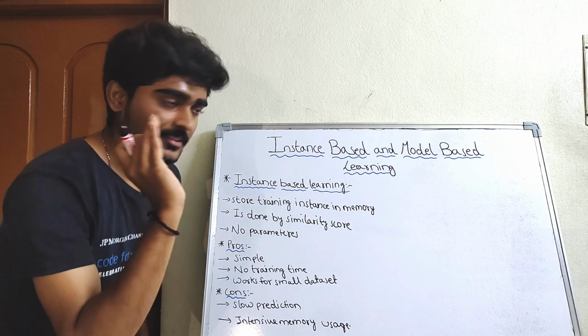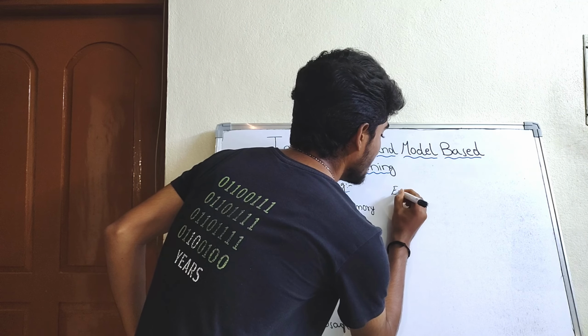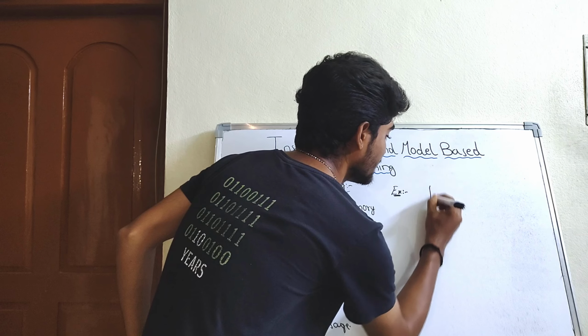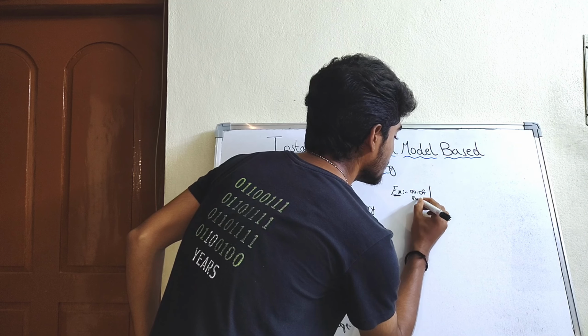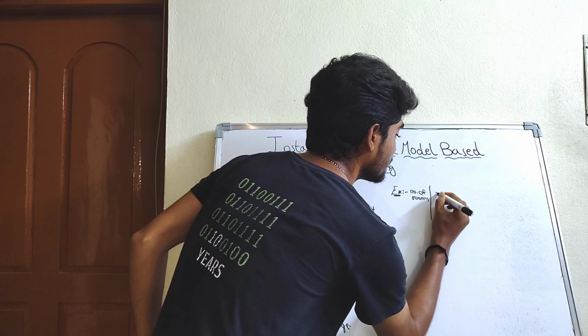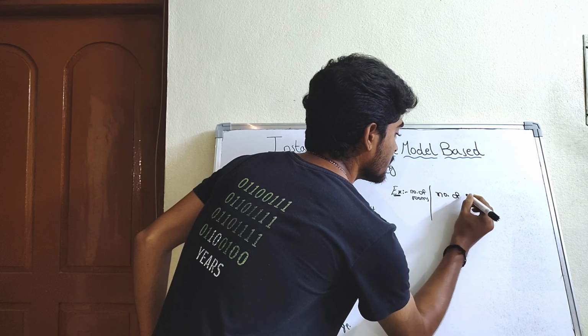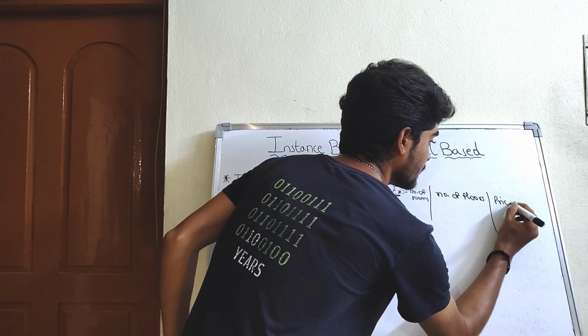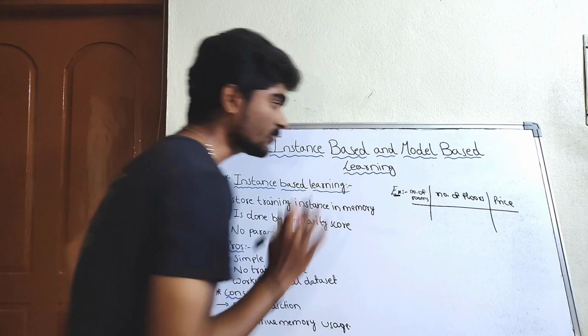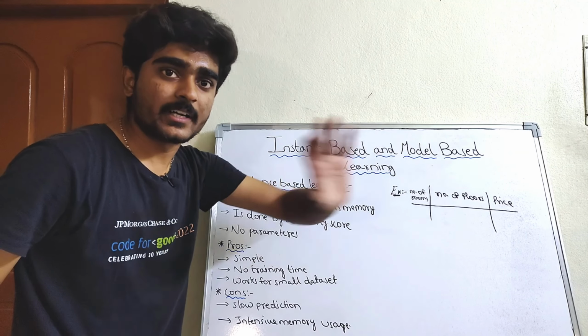Let us say we have a classification data set with number of rooms, number of floors, and price. This is how our data set looks.